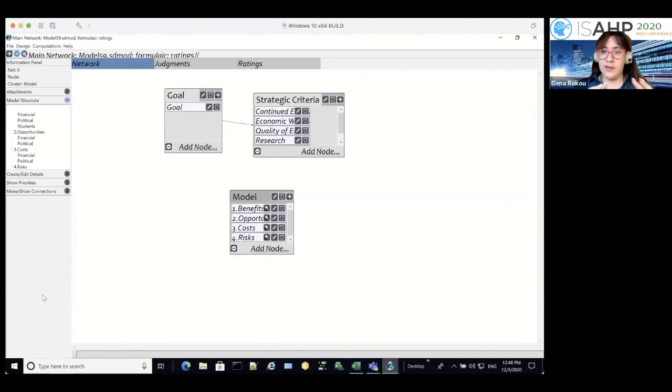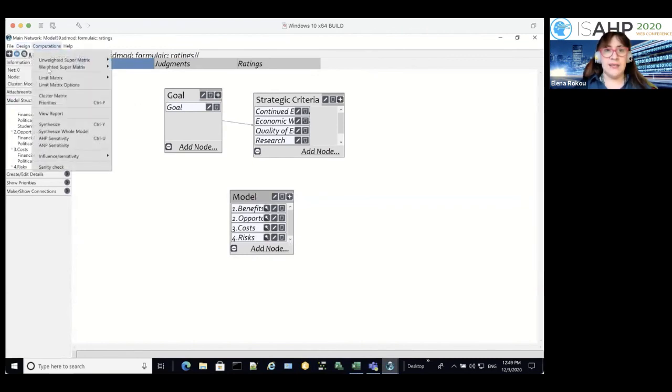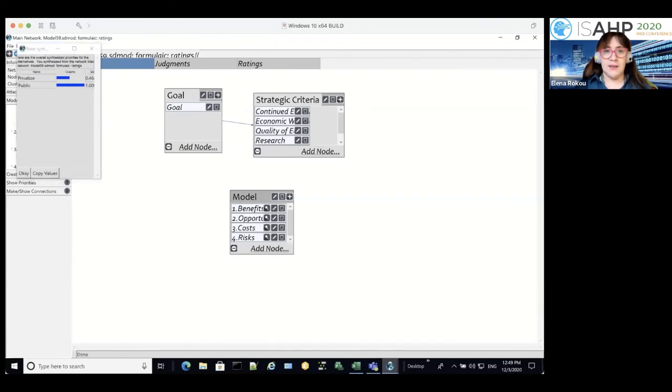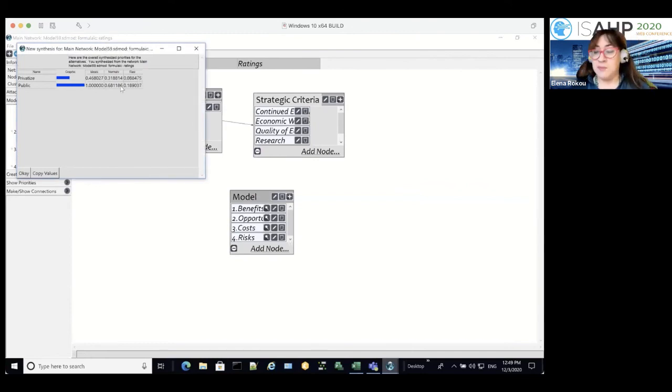Having all these values already calculated, I'm ready to see the final results. And as we mentioned, we have two different formulas to use. The standard additive negative formula will give me my long-term results. And it says, keep it public.